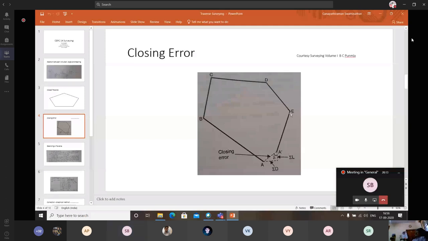Okay. Right, somebody started concrete technology. You started learning? Yes, sir. Can you define what is called the characteristic strength of a concrete?